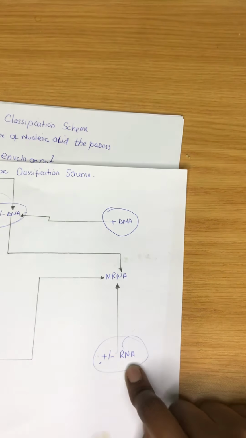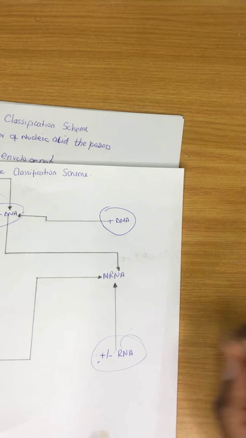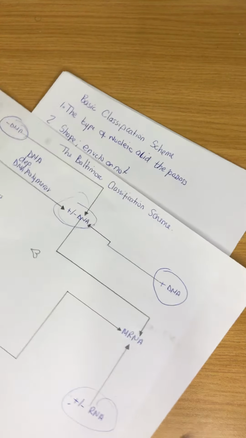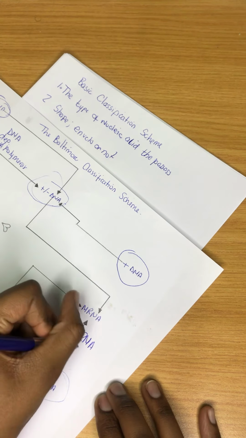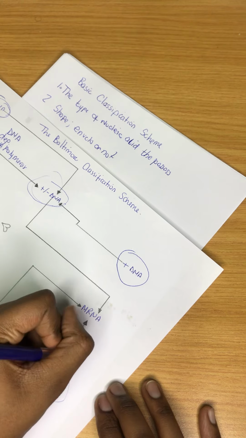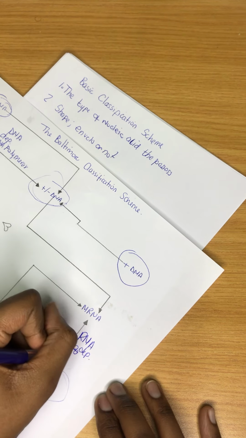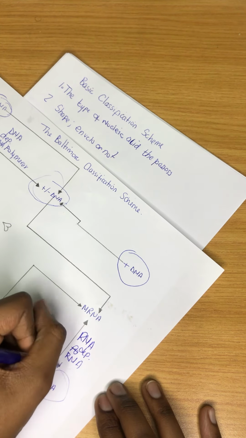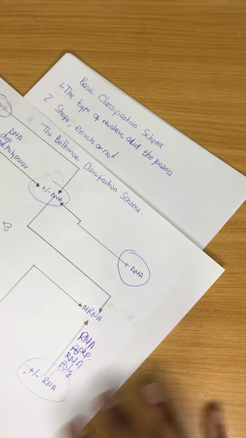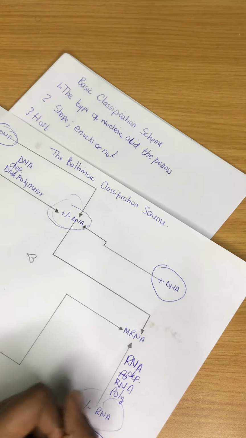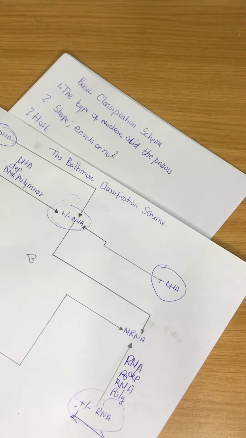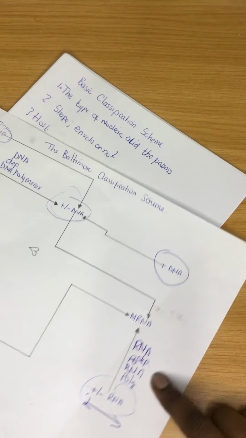So how do they achieve transcription? They are going to encode for an enzyme called RNA dependent RNA polymerase. Which strand are they going to use? They can use both to synthesize the mRNA.